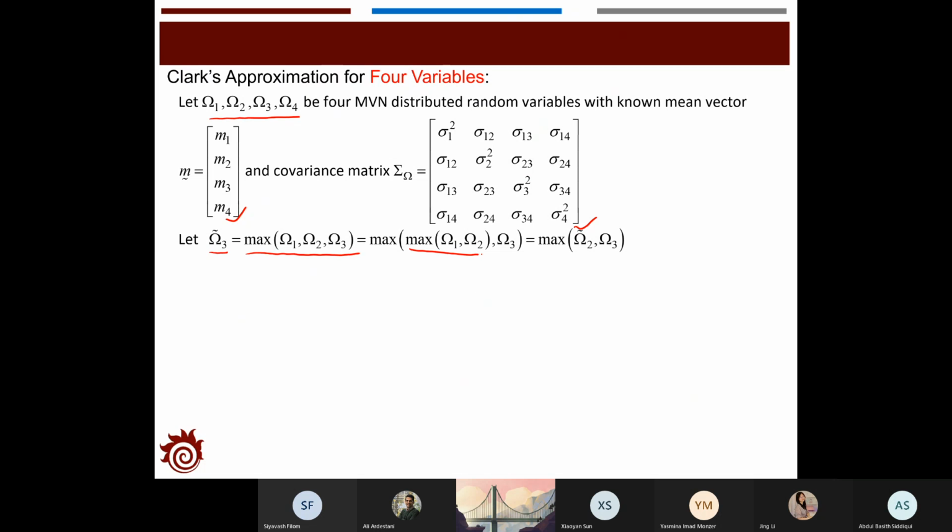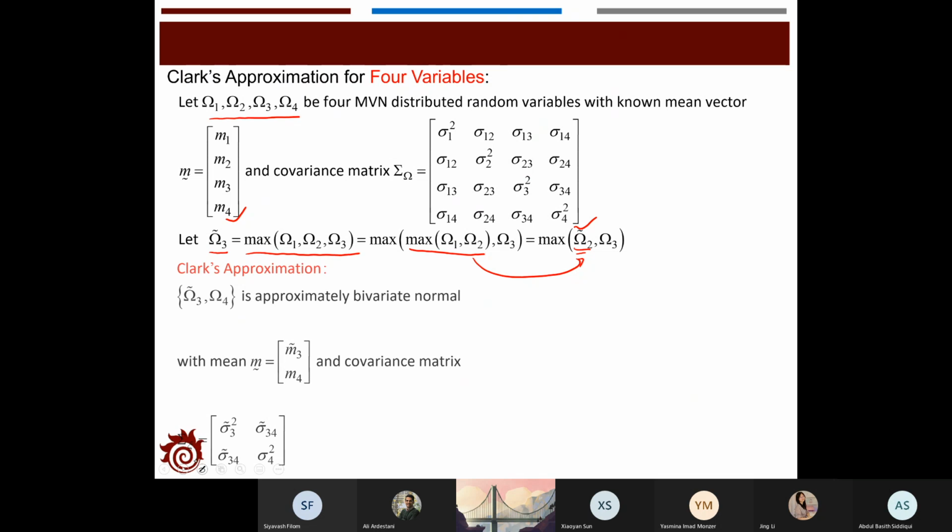So we will first find out the maximum of omega 1 and omega 2. This is just what we get, omega 2 tilde. As omega 2 tilde and omega 3 is in a bivariate normal distribution, we can find out the distribution of omega 3 tilde.